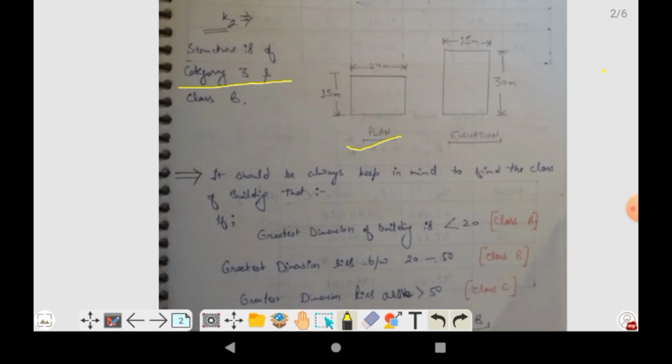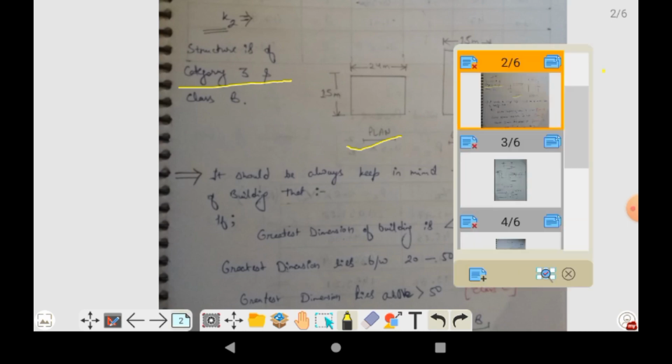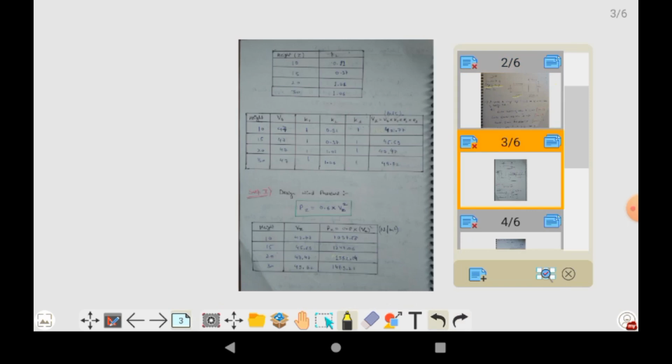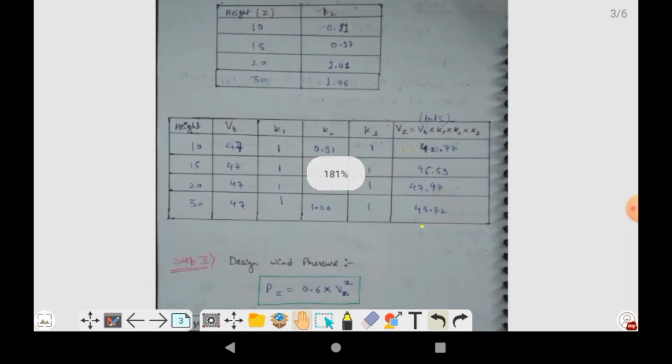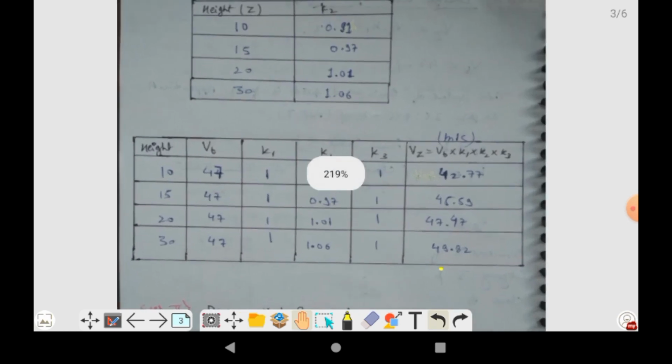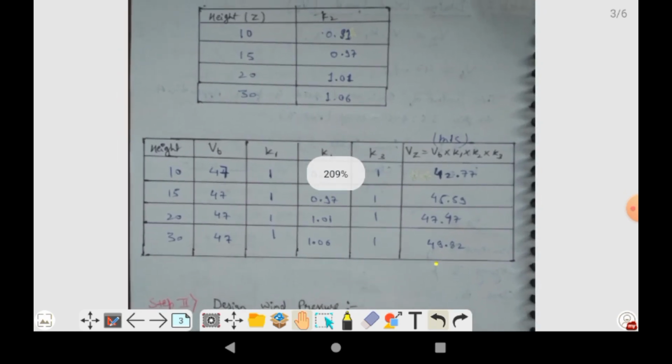So moving toward the next slide, as I have already mentioned, I have already found the value. Now it is time to find the value of k2.